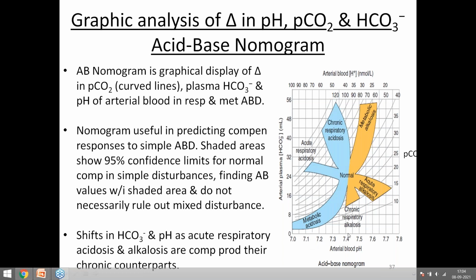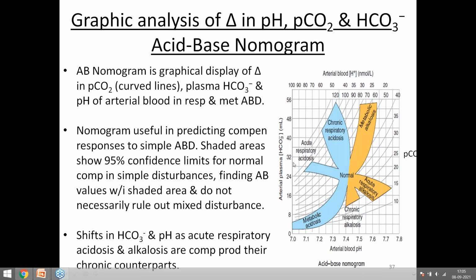This is your normal, 7.4. So this side is acidosis, and when it increases, it is alkalosis. Just by looking at this graph, you can tell that when the pH is decreasing and the bicarb HCO3 value is also less, we are looking at metabolic acidosis.